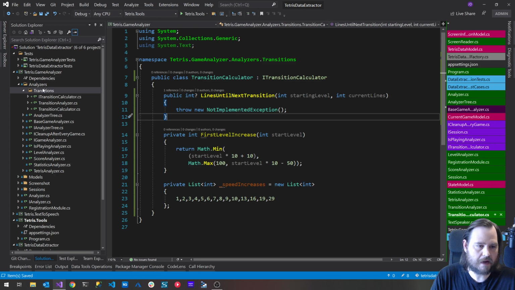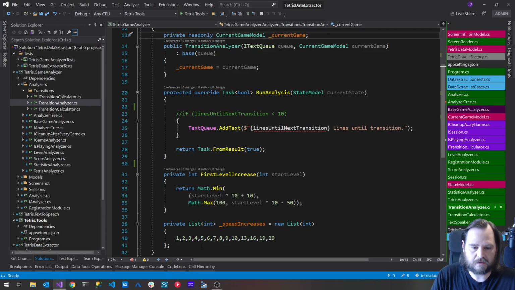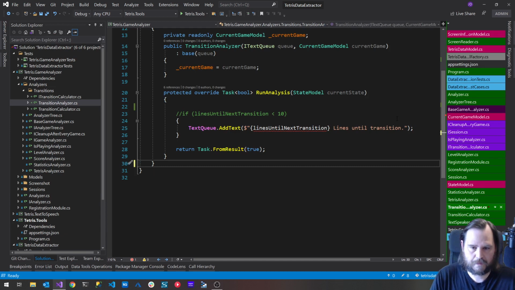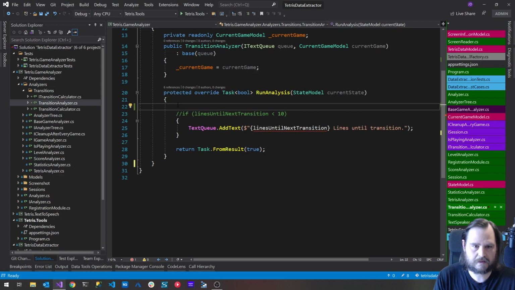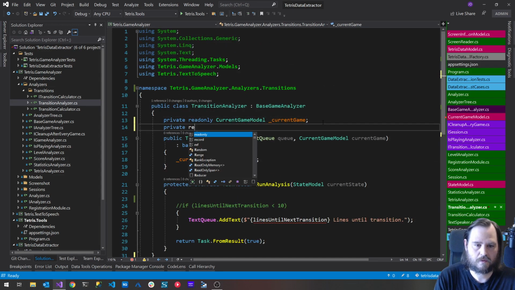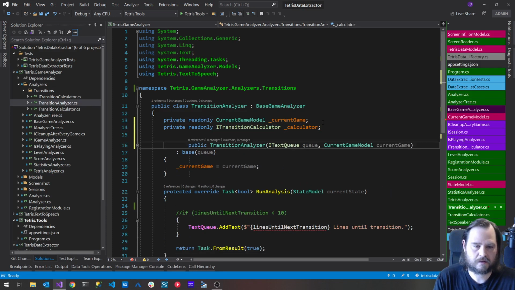Now let's go back to our transition analyzer. And we have a current game model. That's fine. We don't need these anymore. But what we do need is one of our transition calculators.